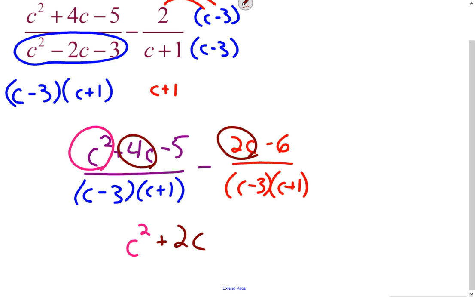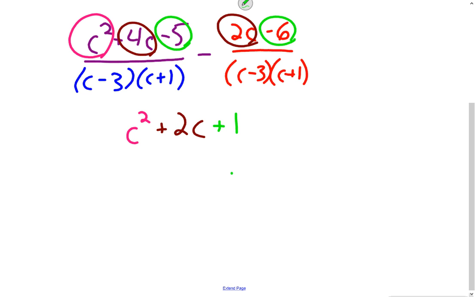And then my constants, I have negative 5 and a negative 6. So negative 5 minus negative 6 is a plus 1. And that's still all over my common denominator of c minus 3, c plus 1.